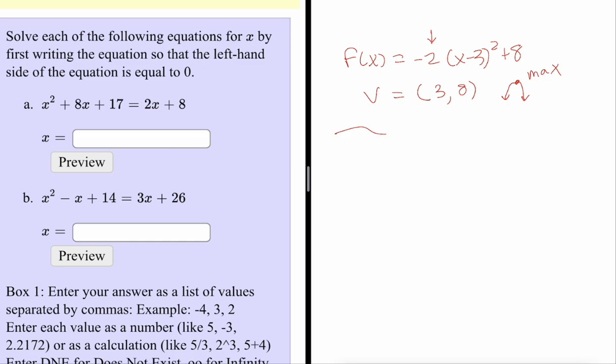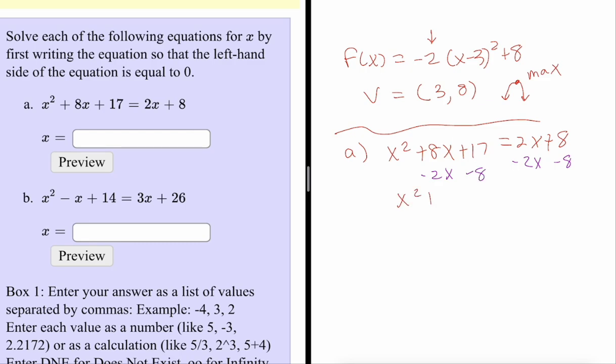Okay, so for A, I always check, is it factorable? I can't make that determination until I get it equal to 0. So let's subtract 2x and subtract 8 from both sides.